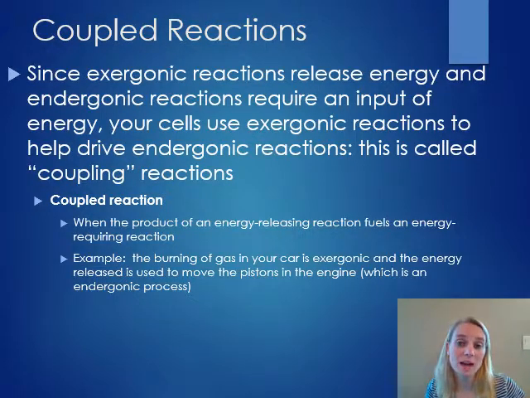We use that energy released from an exergonic reaction to help drive and be the energy input into endergonic reactions. And these are what we call coupling reactions. So you have an exergonic coupled with an endergonic, and the exergonic is going to drive the endergonic. So we kind of get a 2-for-1 deal, if you will.